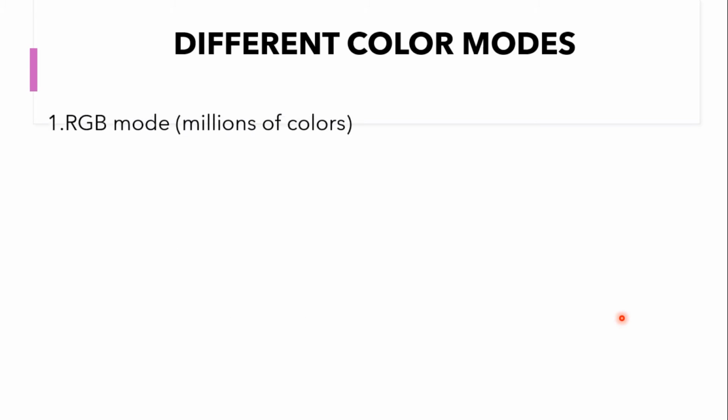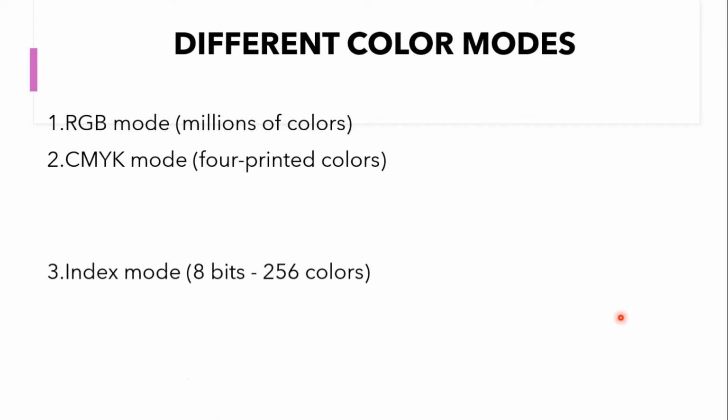1. RGB mode. The RGB mode displays millions of colors at the same time. It is good and ideal. We're going to talk about this immediately after listing all the different color modes. 2. CMYK mode. The CMYK mode represents colors from 4 printed colors. We're going to also discuss this after we're done listing.